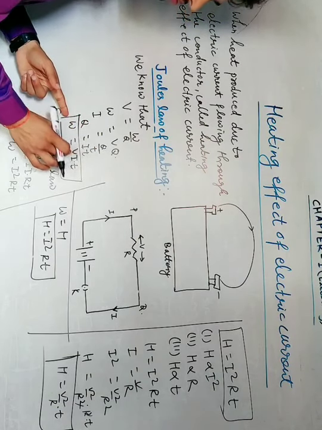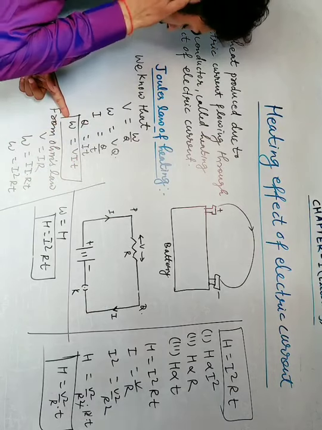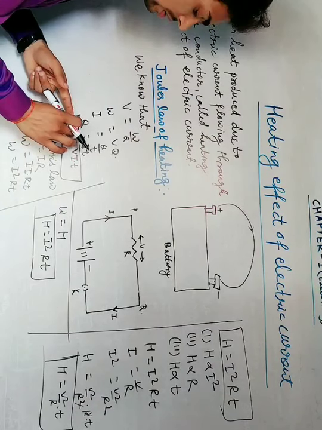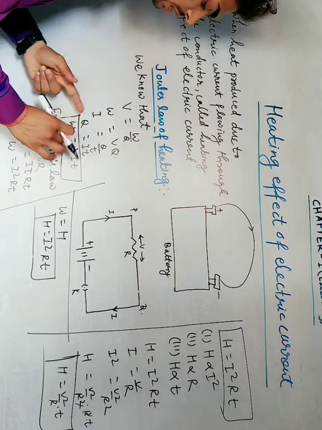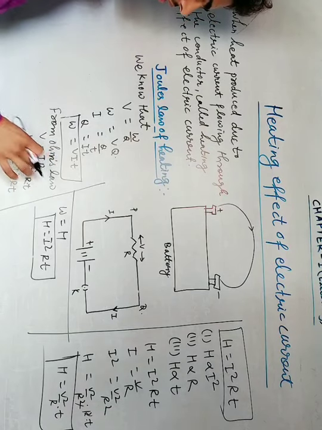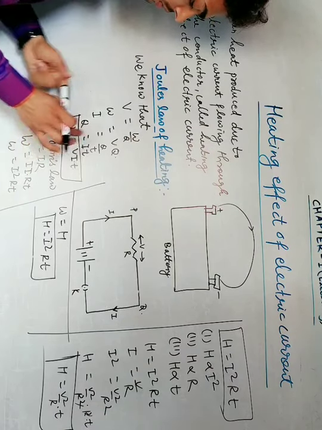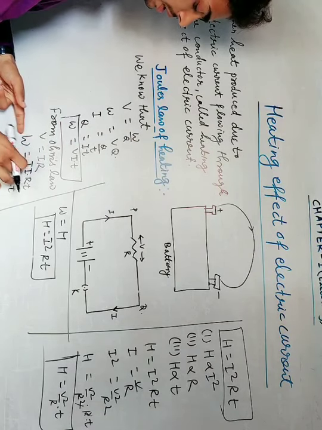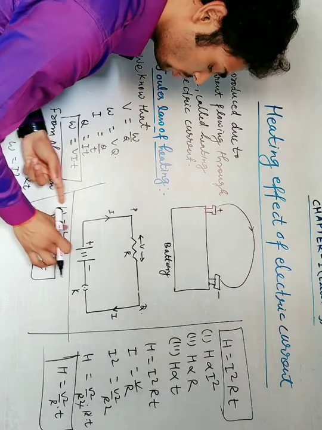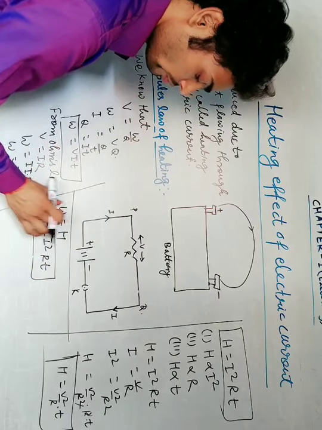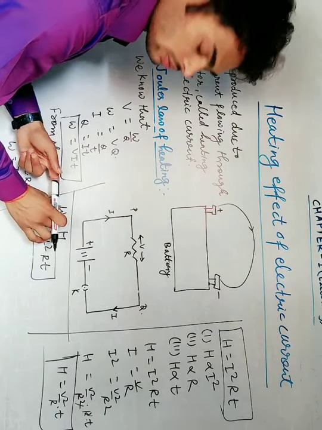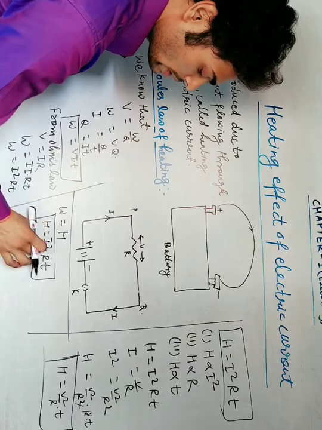In this way, W equals VIT, and we can write H instead of W because it is work done due to the heating effect of current. From Ohm's law, we know that V equals IR. Put the value of V in this equation, then W equals I square RT. But work done due to heating effect of current, then we put the value of H instead of W. Then H equals I square RT.